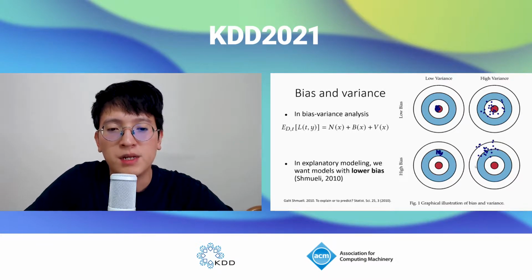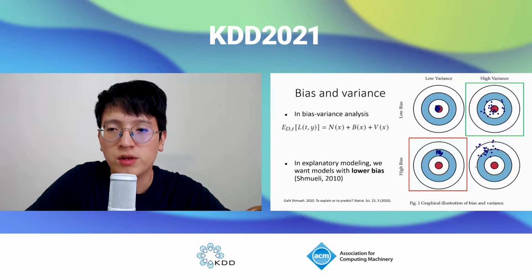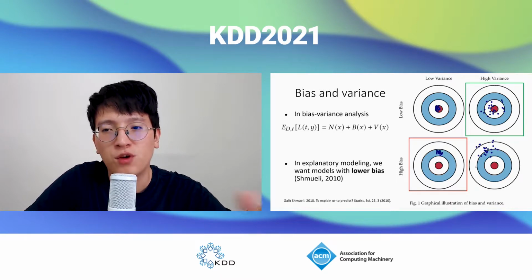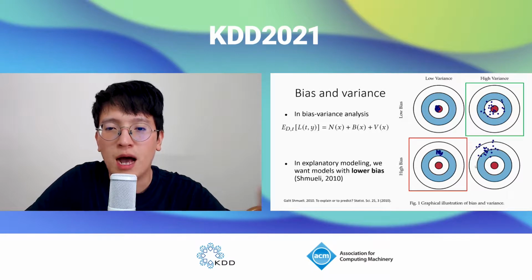And here in explanatory modeling, we want our models to have lower bias. So here we show that two equally accurate models, which have the same loss, could have low bias and high variance, which is shown in green here, or high bias and low variance, which is shown in red here.